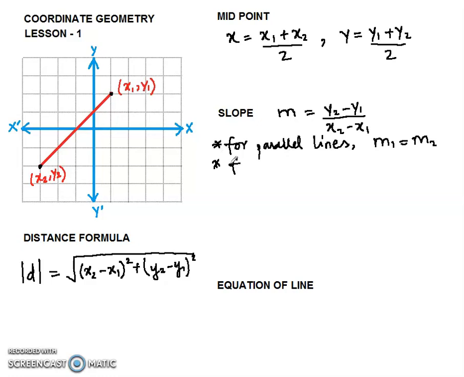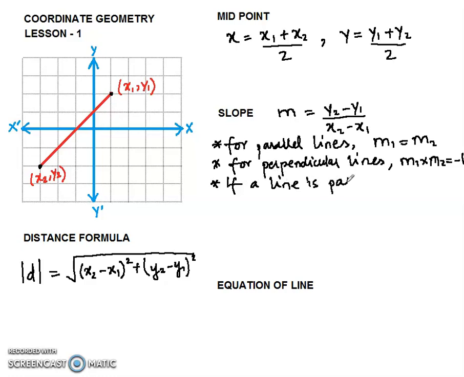If the lines are perpendicular, for perpendicular lines, we have a relationship between the slopes that says m1 into m2 equals minus 1. Similarly, this is a condition to be remembered, if a line is parallel to the x-axis, then its slope is 0.